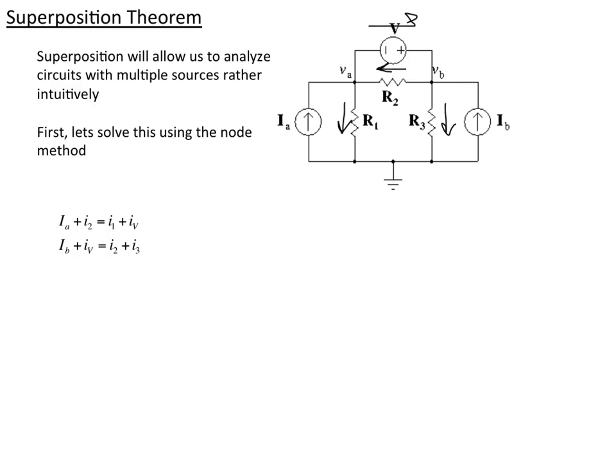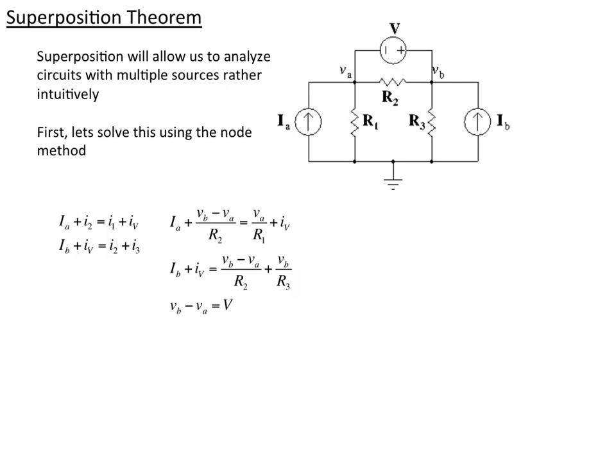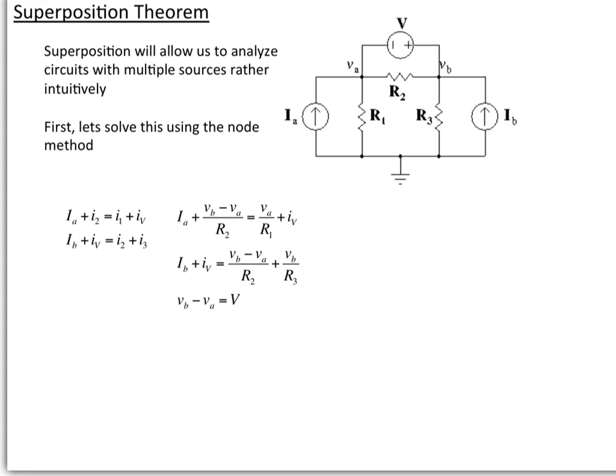Okay, so the next step then is to replace each of these currents with the equivalent voltage source. So I2 is just VB minus VA over R2, current flowing that way, so I plug that in.